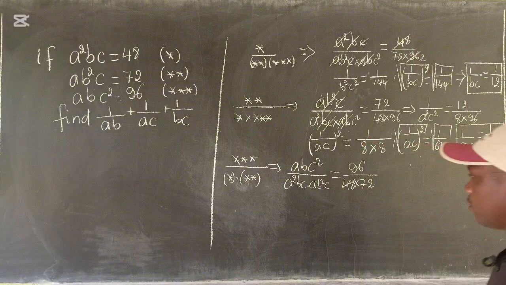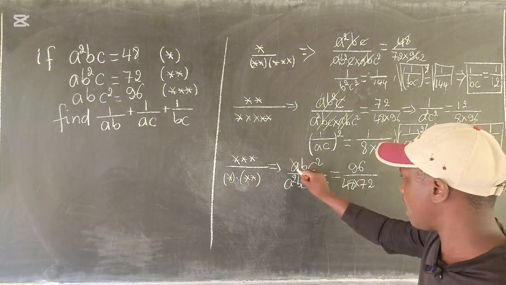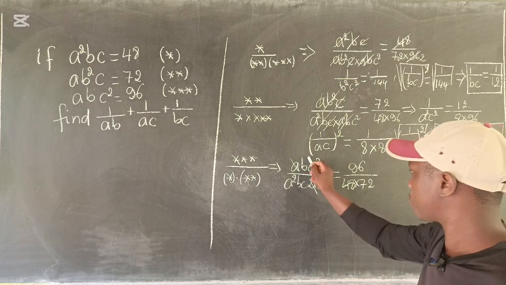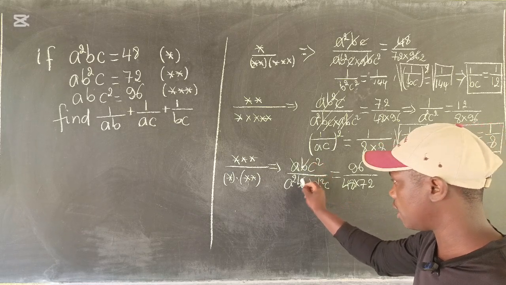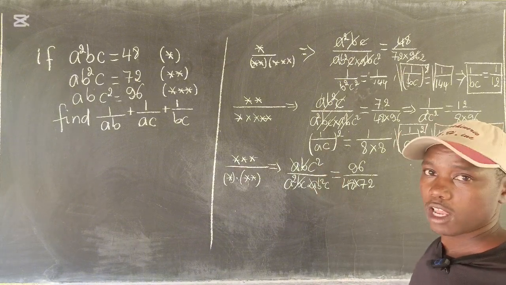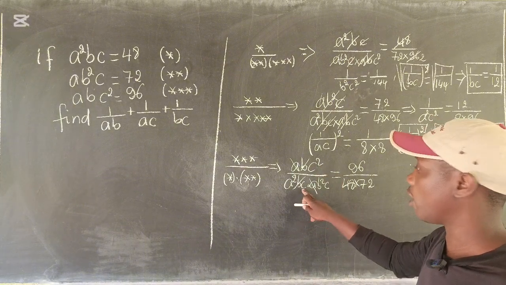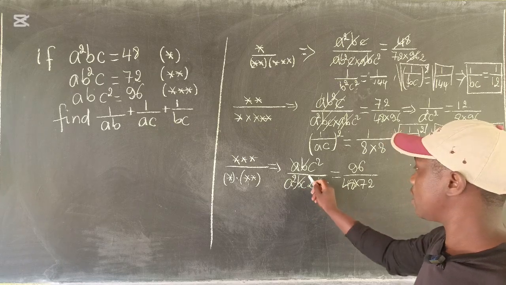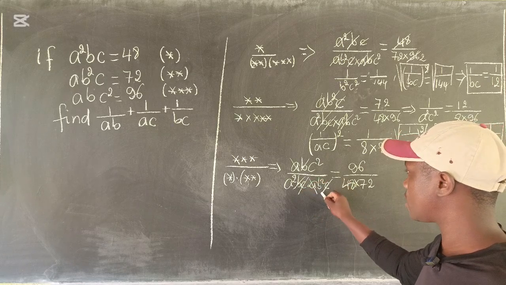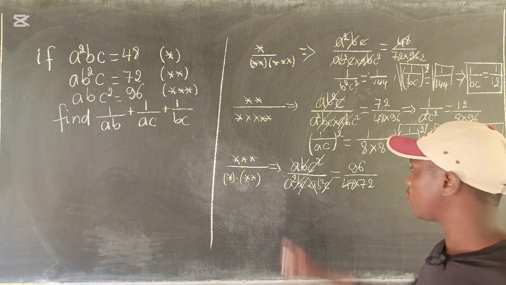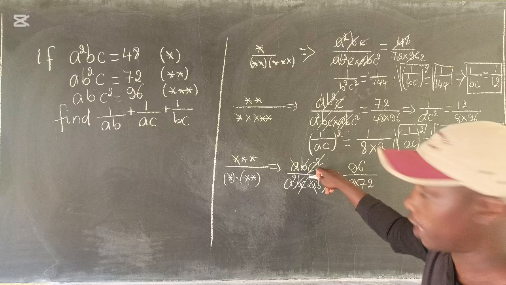As you see here, this a can be simplified with this. This b can be simplified with this b. Here we have c squared, and on the denominator we have c times c, that is c squared. That means this c times this will be simplified, so our numerator is 1.